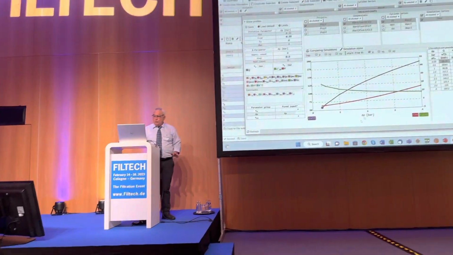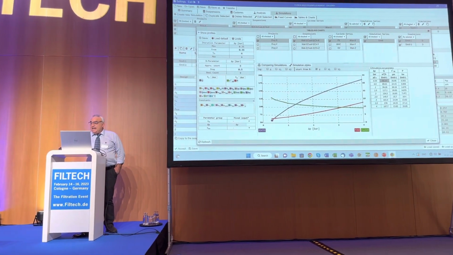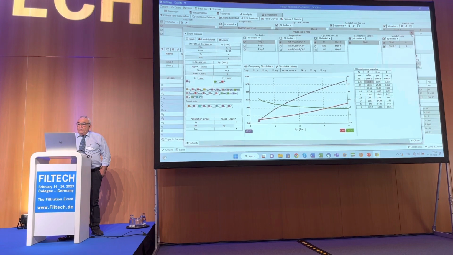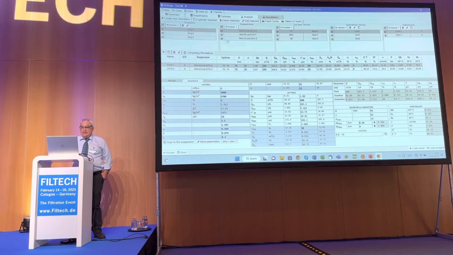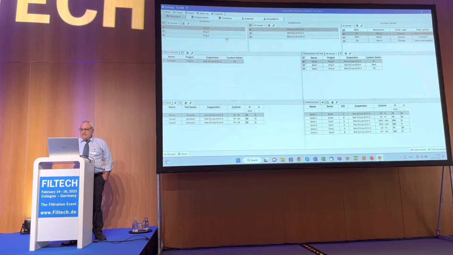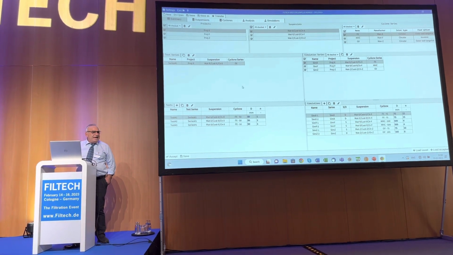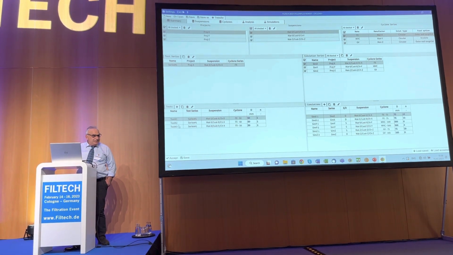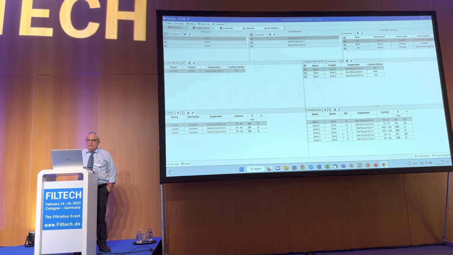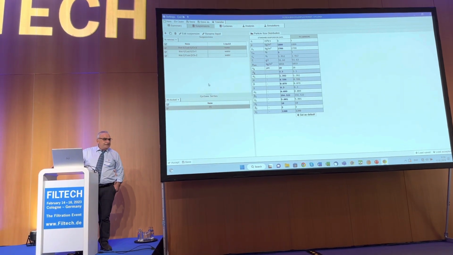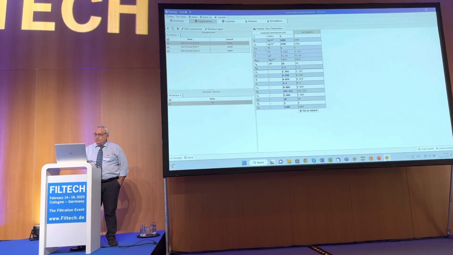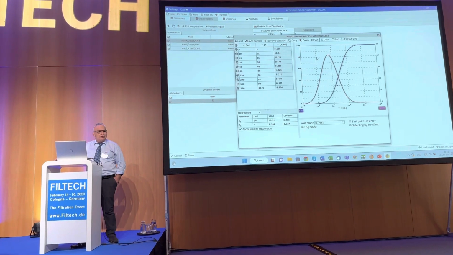If I can conclude, for the design option we have here the possibility, and here is a summary of what simulations we have, what analysis, what tests we have. Here again, you have a database for suspension, including the particle size distribution.